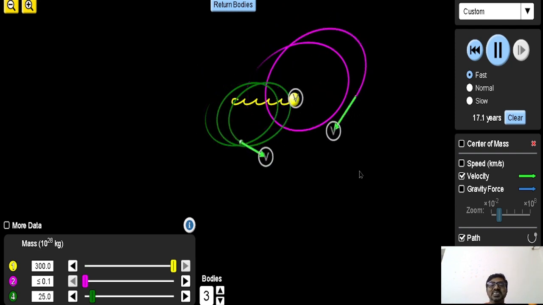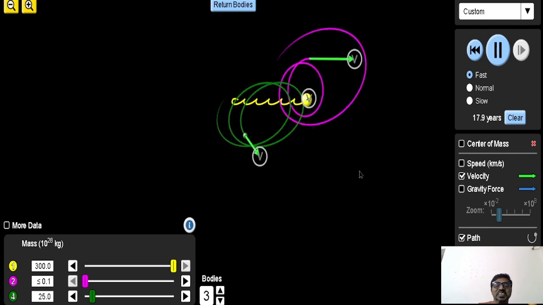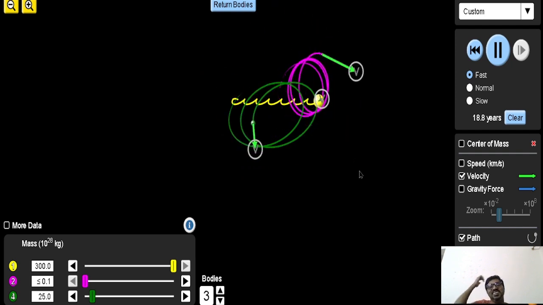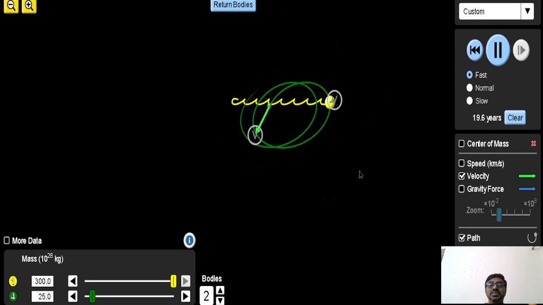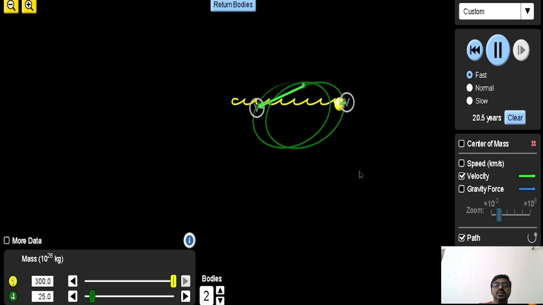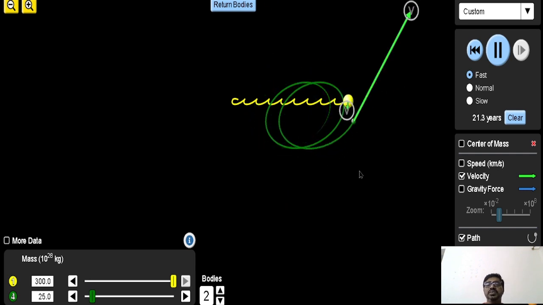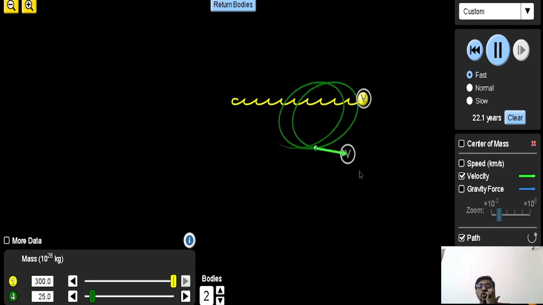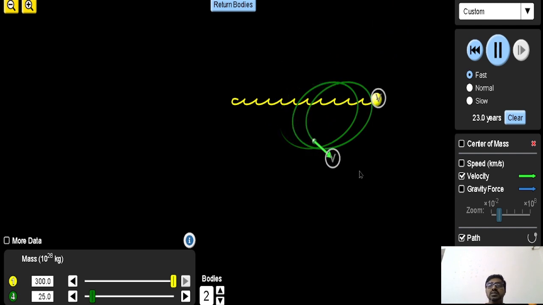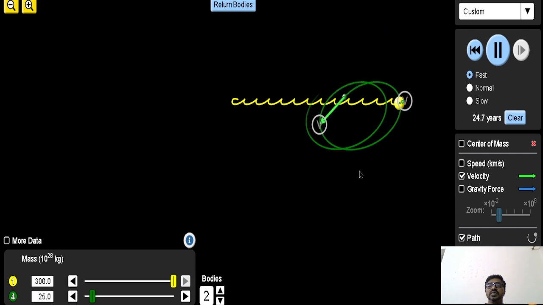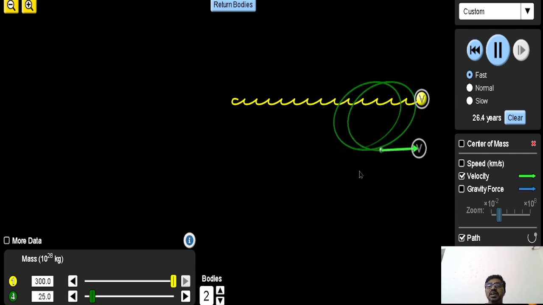Now you see they're going in a very nice way. You can see the precession happening. That continuous sideways movement is called precession. So the yellow one is moving and also the green one is moving. I hope they are not going to collide with each other. This is a very interesting path we have here.